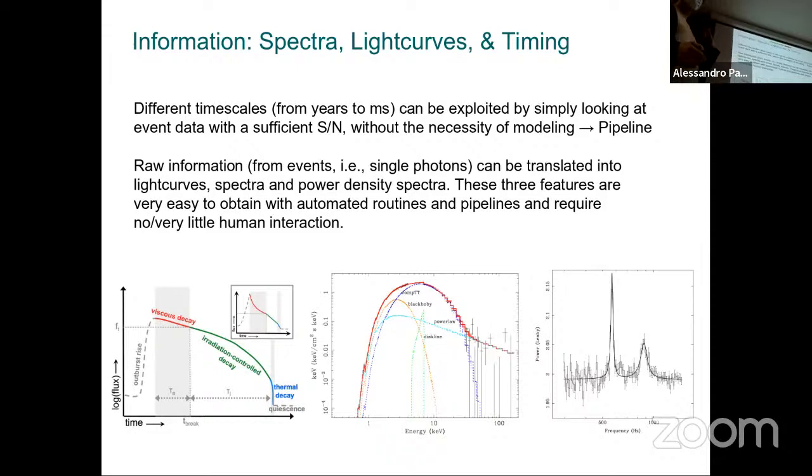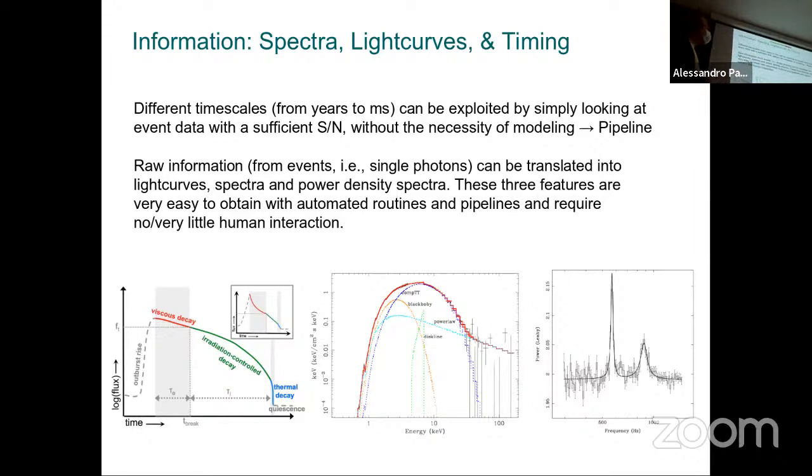So you take the raw data, you do a very quick analysis, you get the information that you are looking for. And so the idea is to write a pipeline so that one can basically take the information in light curves, in energy spectra, and power spectra, and have very little human interaction and process the data and have an alert system to trigger your attention, let's say.